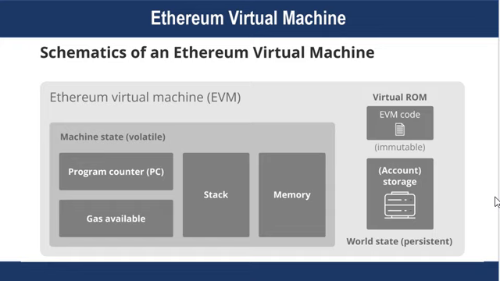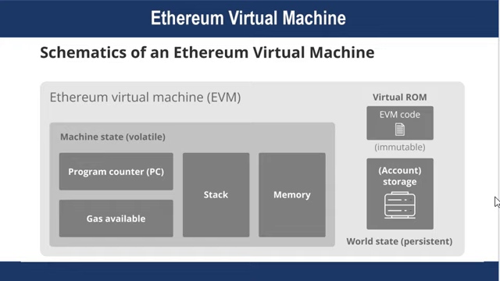Now let us look into the different components of the EVM and how it executes smart contracts. The EVM is a simple stack based architecture. When executing a smart contract, it performs all operations, or in technical terms opcodes, as defined in the EVM code or bytecode.